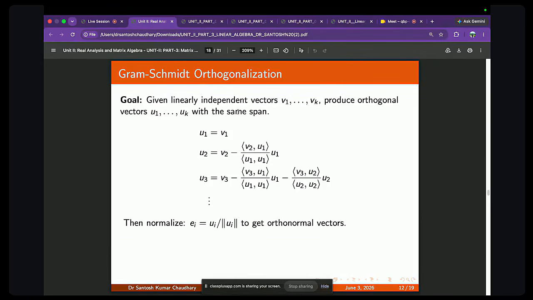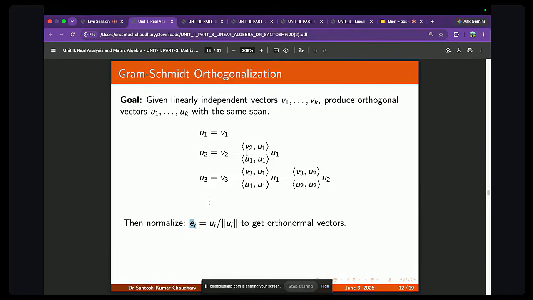This process gives an algorithm to find orthonormal vectors corresponding to given linearly independent vectors, or orthogonal vectors corresponding to given ones. So there are three different terms: independent vectors, orthogonal, and orthonormal. Given linearly independent vectors v1, v2, ..., vk, we need to produce orthogonal vectors u1, u2, ..., uk, and then later orthonormal vectors. Here the vi's are independent, the ui's are orthogonal, and the ei's are orthonormal.